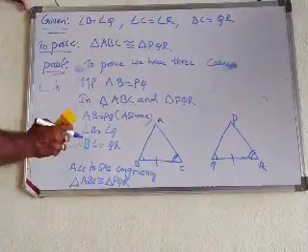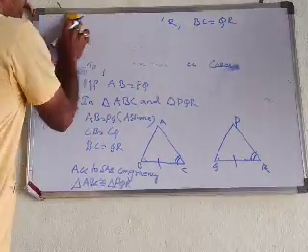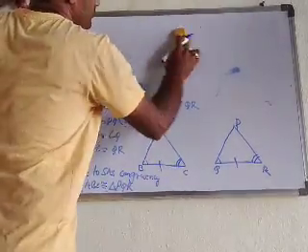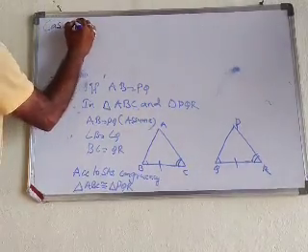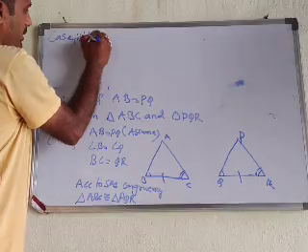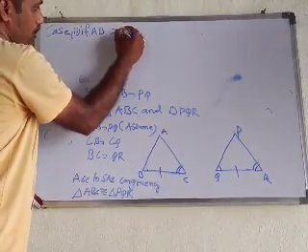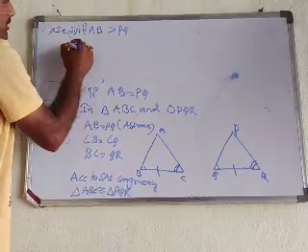So let us see the second case. Case number 2: suppose the side AB is greater than PQ.